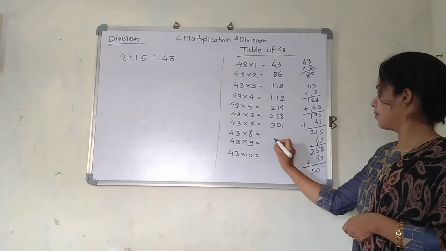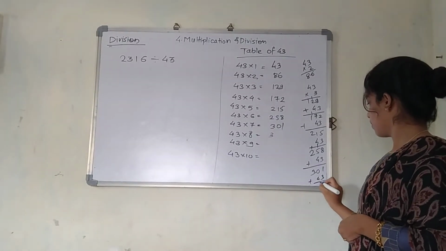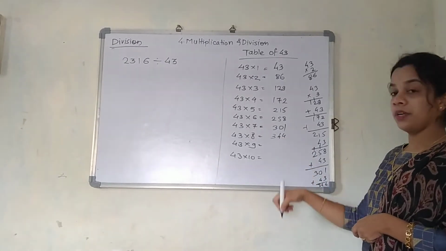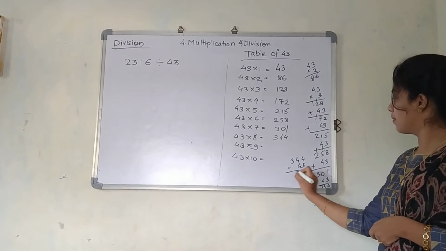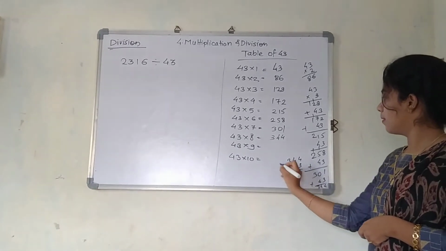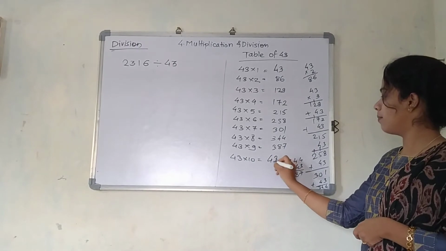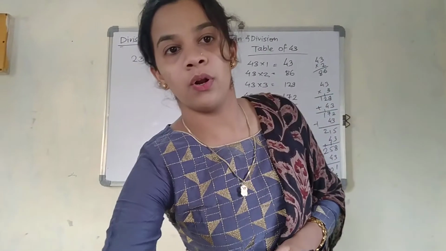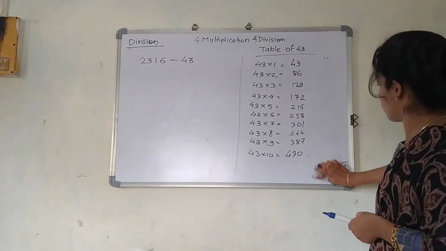Add 43, 344. Add 43, then 387 and add 43. Sorry, it will be 430. So now this is the table of 43. Cancel out this.